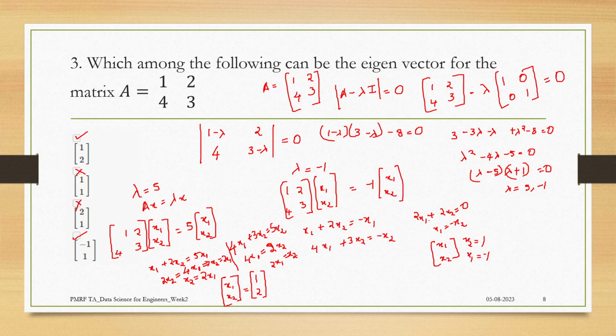So Vanilla, is it fine? So look at the options. If x1 equal to 1, then x2 should be 2 into x1, which means x2 should be 2. All right.